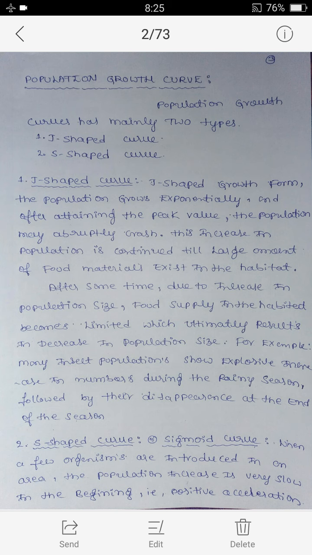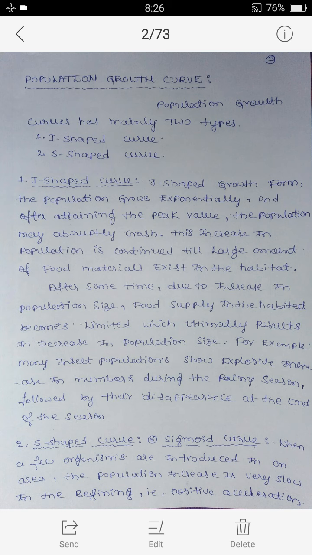For example, many insect populations show explosive increase in numbers during the rainy season, followed by their disappearance at the end of the season. It is J-shaped curve.